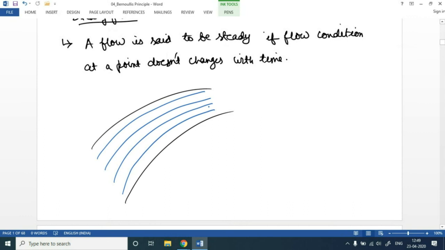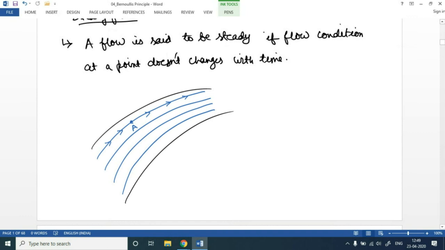If we choose any point on the streamline, let's say this point, and let's call it point A, then at point A, at different times, different particles of fluid are going to pass. The particles are following this flow line during the flow.